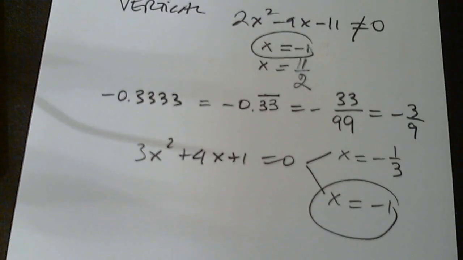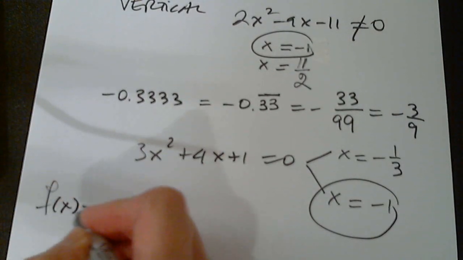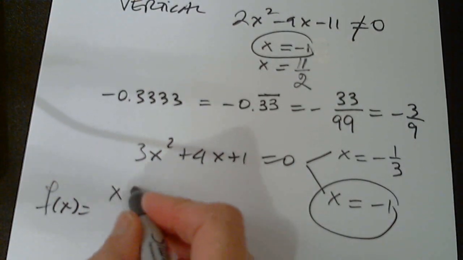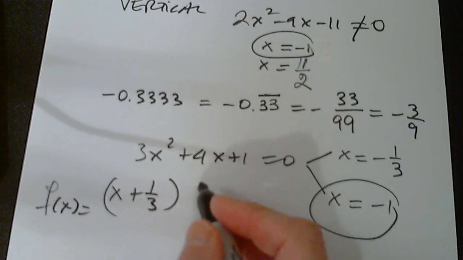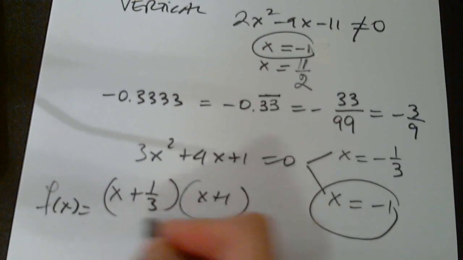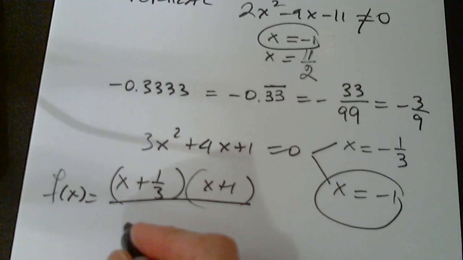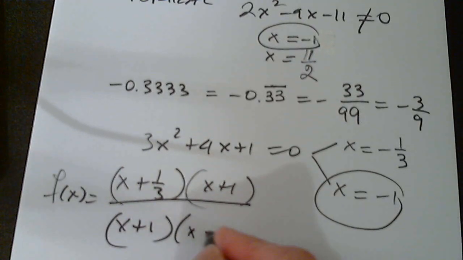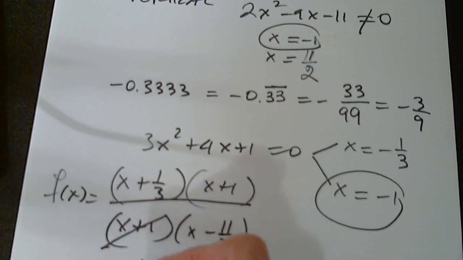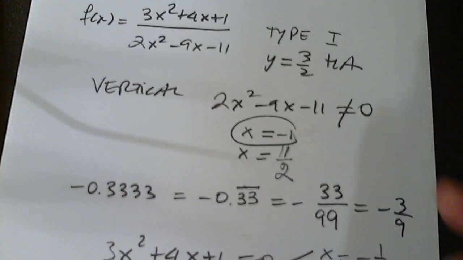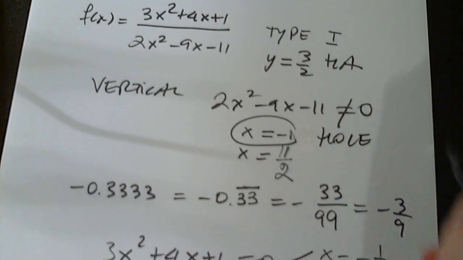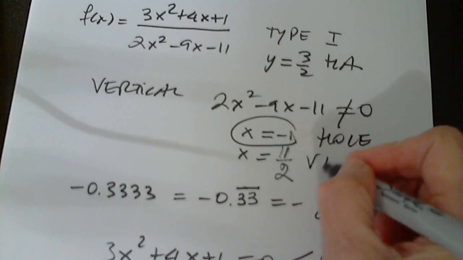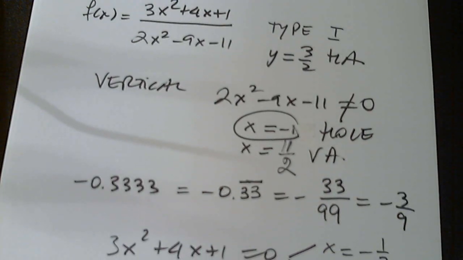So in other words, the function is x plus 1/3 and x plus 1 at the top, and the denominator is x plus 1 and x minus 11 halves. So this is a hole in the graph. Only this one is a vertical asymptote.